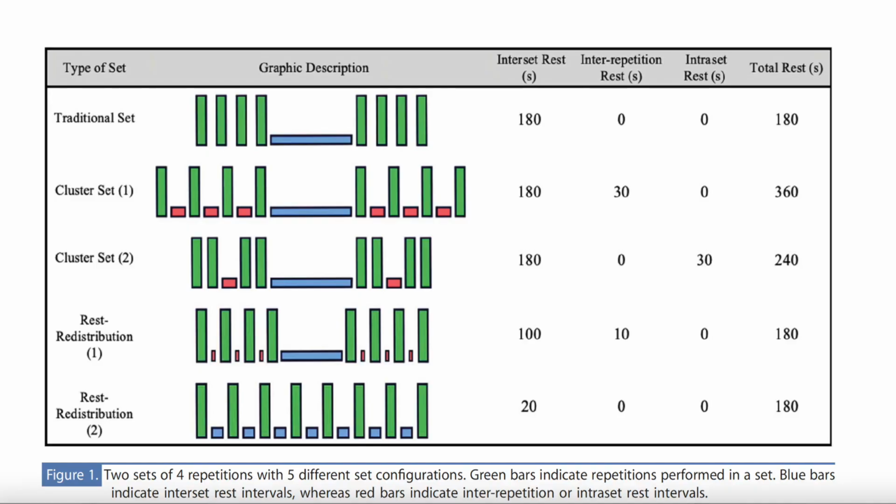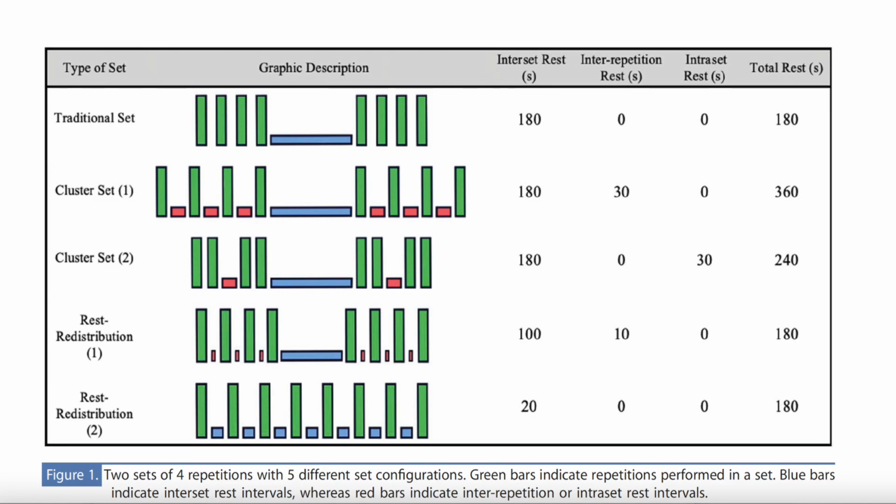So essentially, the more sets you can give your patient that they're able to tolerate, of course, the greater the stimulus for adaptation.